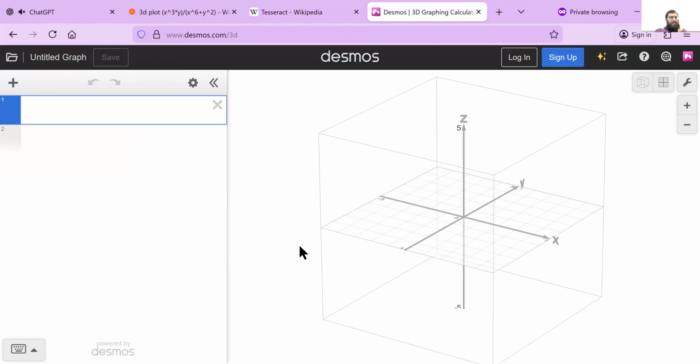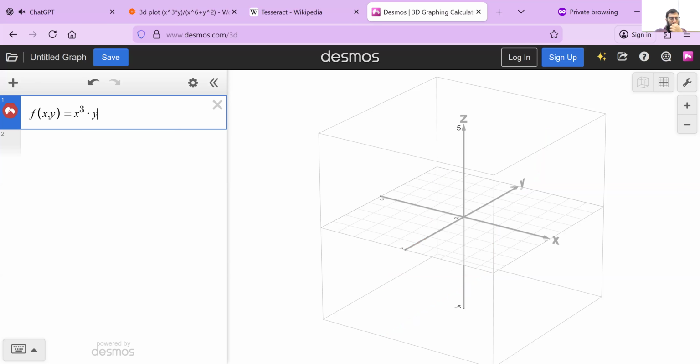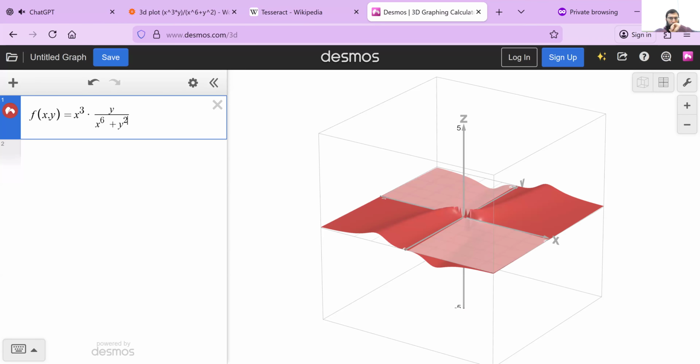I don't know how to use Desmos actually, but f(x,y) is x cubed multiplied by y over x to the power of 6. You can select everything to do division.